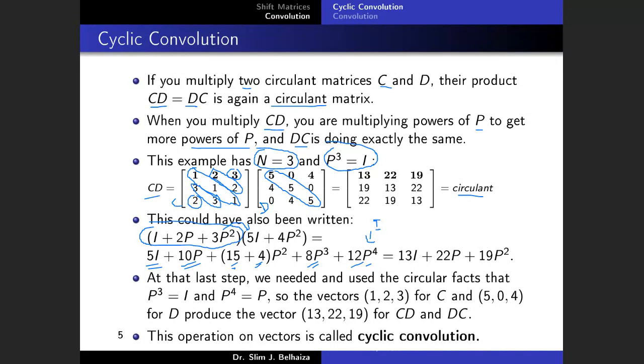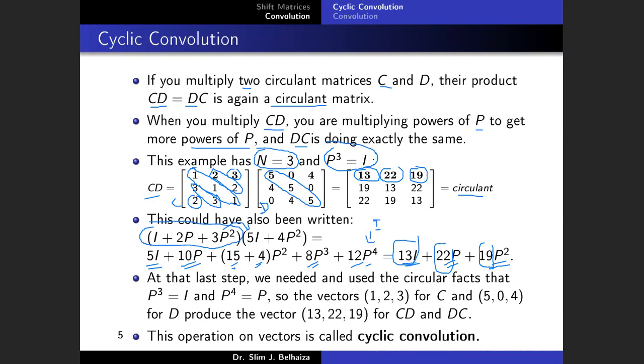Okay? So what you're going to get is how many I's? You're going to get 13I, 22P, and 19P squared. Okay? So you see that these 13 and 22 and 19 are exactly the numbers which are shifting around in the circulant matrix.